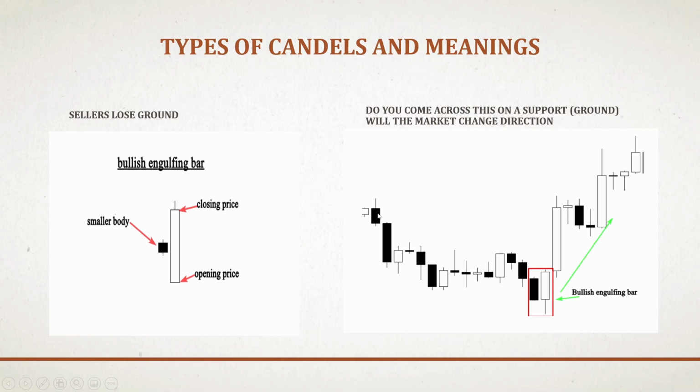Of course it will change direction, because what has happened here is we had downwards pressure, so a lot of people were selling in the market. There is a support level at this point somewhere, and we had a bullish engulfing here. You saw that there was selling pressure going down, but the buyers gained complete control of the market that day and went over the previous candle.